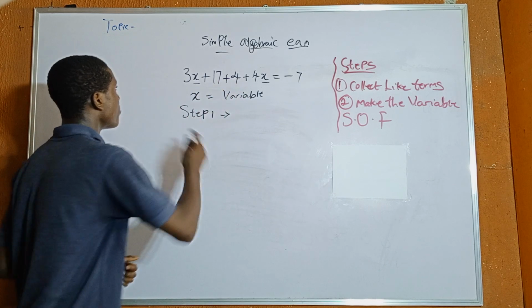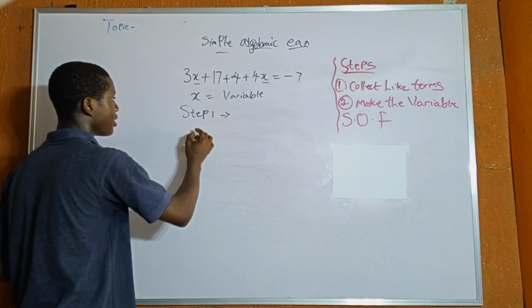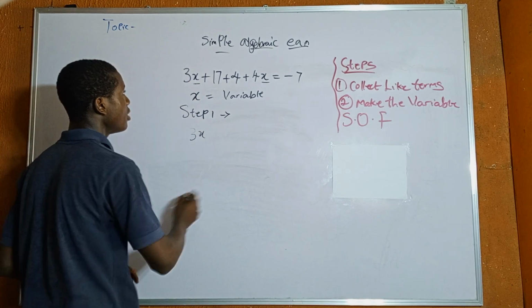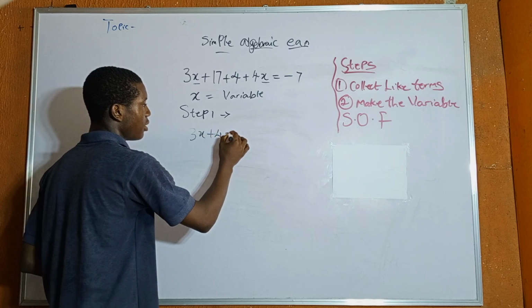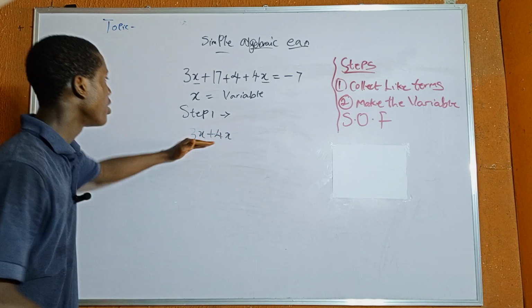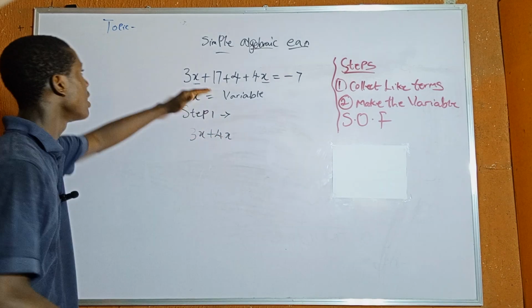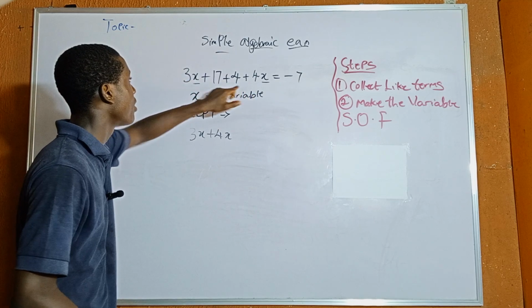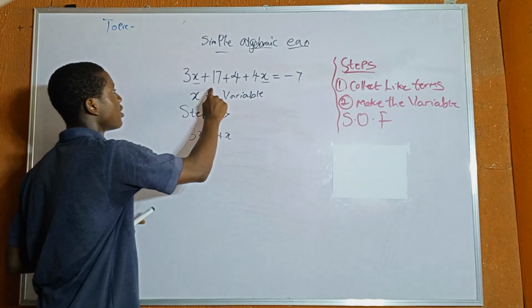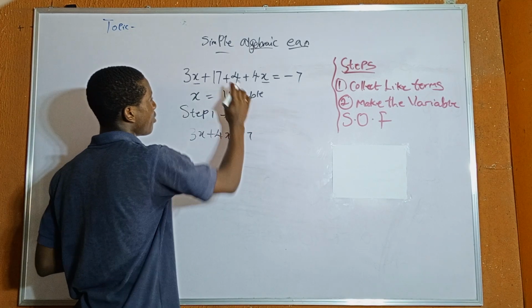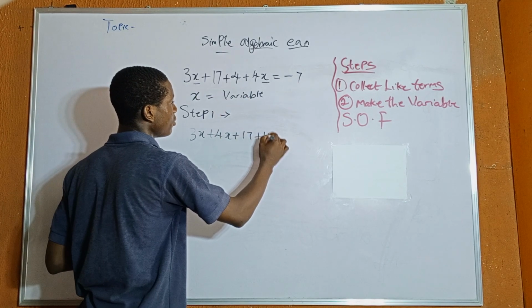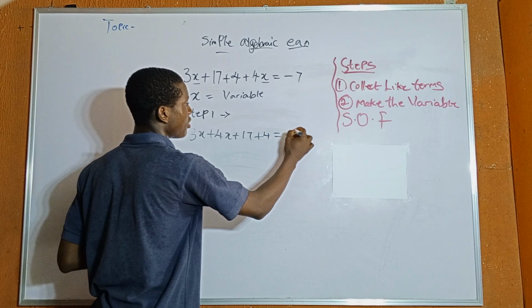So what we are just simply going to be doing is taking this 3x and bringing this plus 4x. Now we've brought the variable part of it. Now let's bring out the normal constants, which are plus 17. We bring out plus 17 plus 4 equals minus 7.